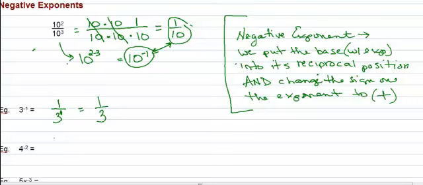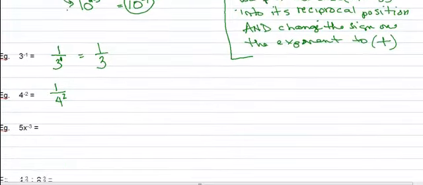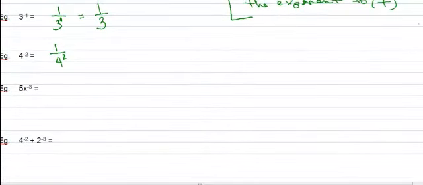We've got 4 to the negative 2, so we put 1 over 4 squared. It was in the numerator, now it's in the denominator. And then we simplify it, because 1 over 4 squared isn't particularly pretty. 4 squared is 16, so that really simplifies to 1 over 16.